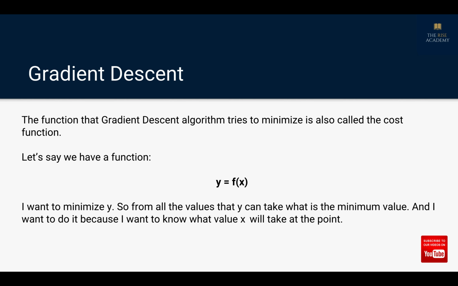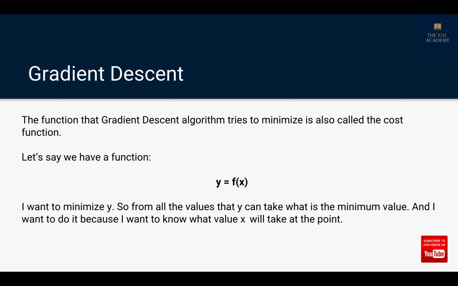Now let's say we have a function y equals f(x), right? So y is our output, our dependent variable in the language of linear regression, and x are all the different input parameters that we give into our function to calculate the value y. Now f(x) could be any function. If it is linear regression, it is the sum of squared residuals.